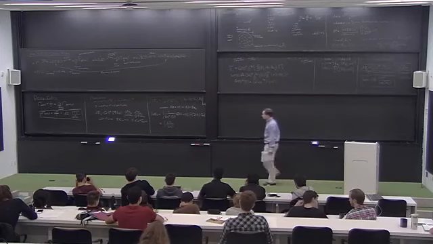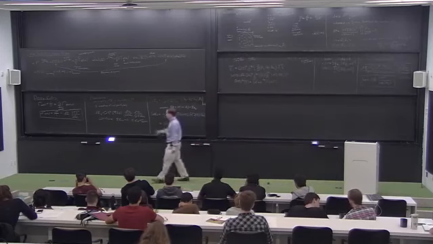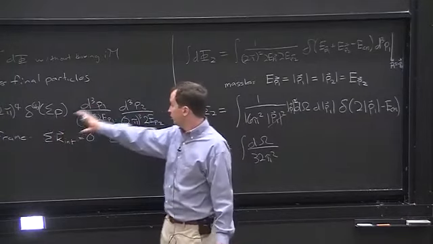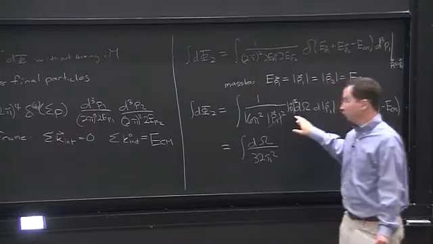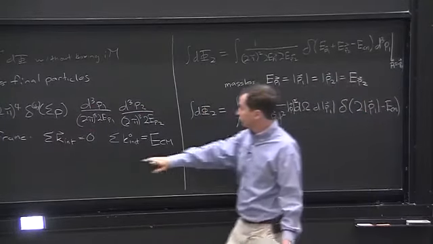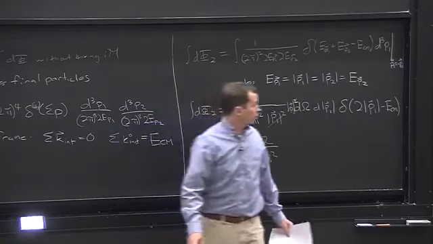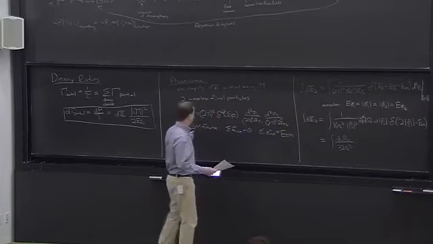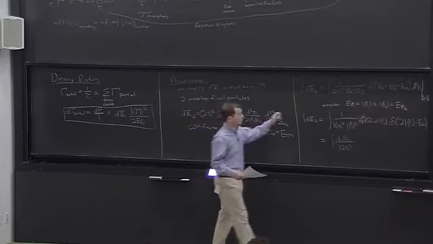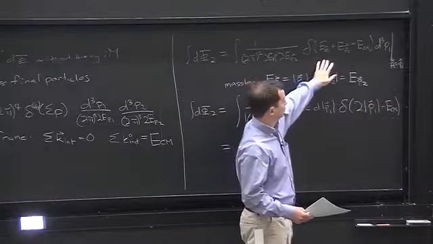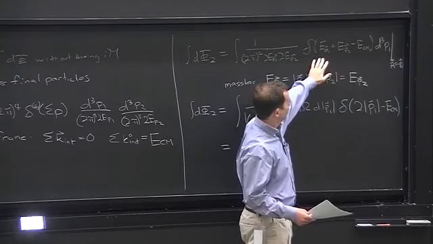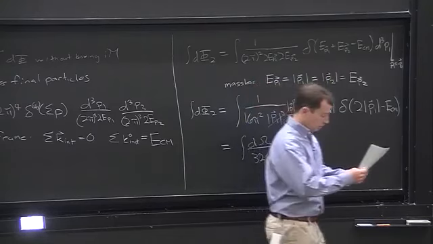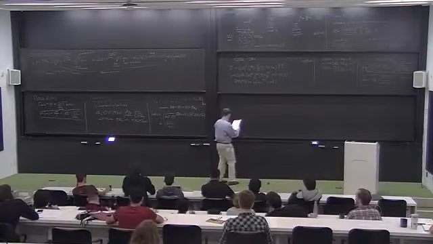And because the only thing we used to do these integrations were these deltas, this derivation works if we insert an arbitrary function of P1 and P2 into the integration.